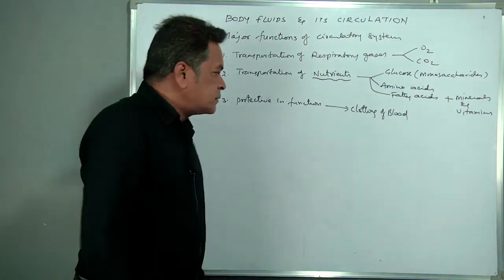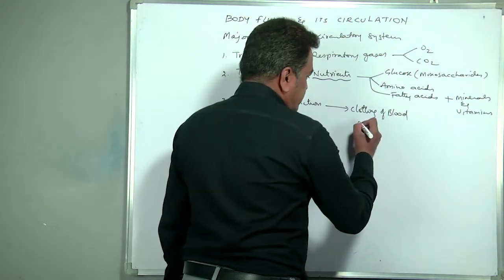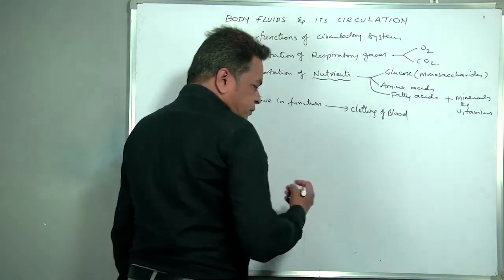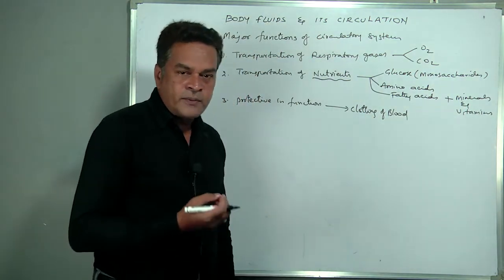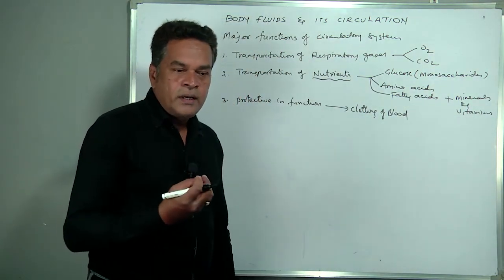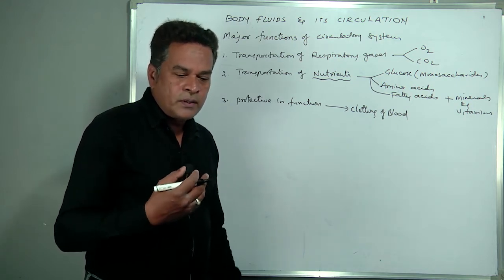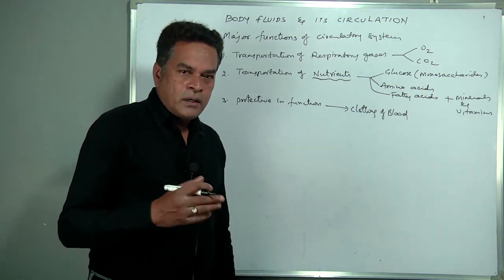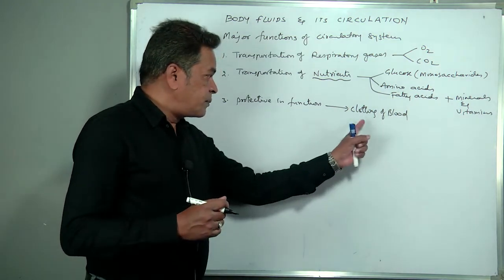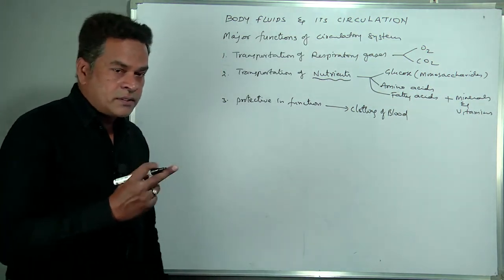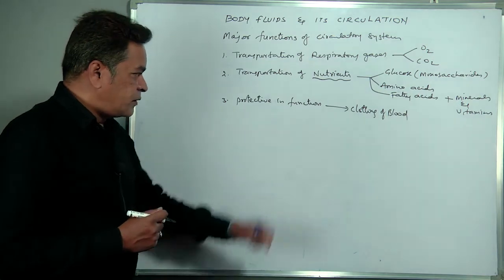That means whenever any bleeding or injury takes place, the blood has to be stopped. Otherwise, what will happen? The whole blood in our body will ooze out. So it's a mechanism, the blood clotting mechanism we'll discuss in detail, but protective in function.